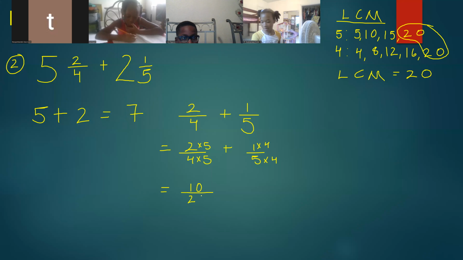Very good. What is 1 times 4? 4. So the answer should be 14 over 20. Very good. So it's going to be equal to 14 over 20. Yes, sir. So Javon, what do we do at this point?